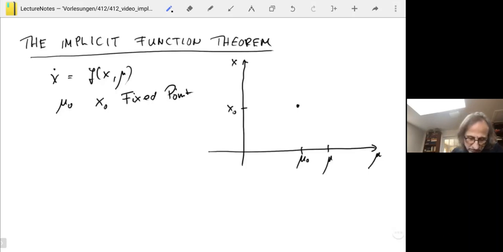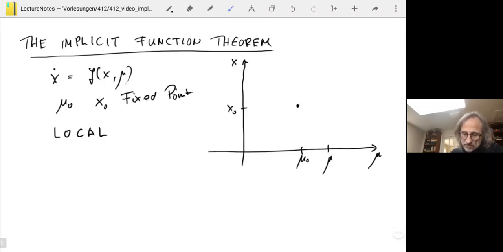Okay, so we really want to do a local analysis, meaning we're imagining mu is close to the value mu naught. We're not looking for a fixed point that's maybe out in the boonies that may or may not exist. We're really only asking, will this fixed point, when we change mu, continue?